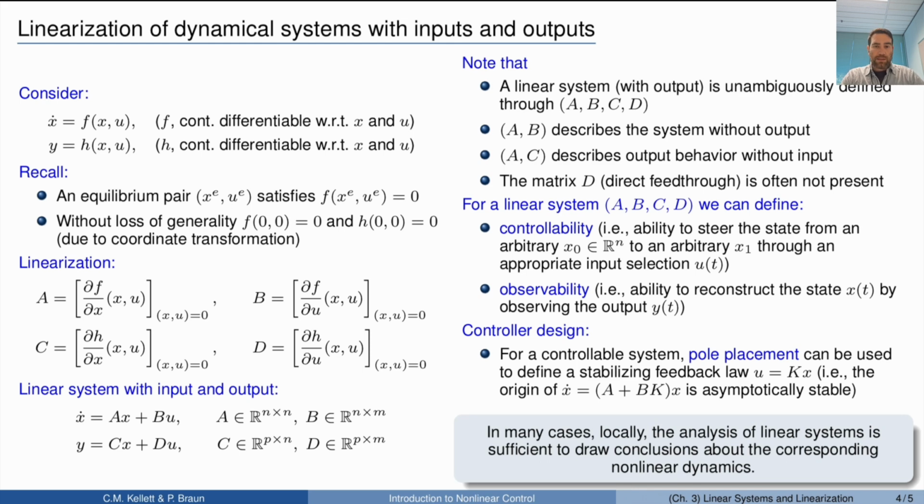Meaning it is sometimes sufficient, and then we should use that information through linear systems to just look at the linear approximation. However, if we want to enlarge the domain of interest, or if we are interested in global results, then we need potentially more complicated methods directly applicable to nonlinear dynamics. And that's what we are going to focus on in the next chapters.